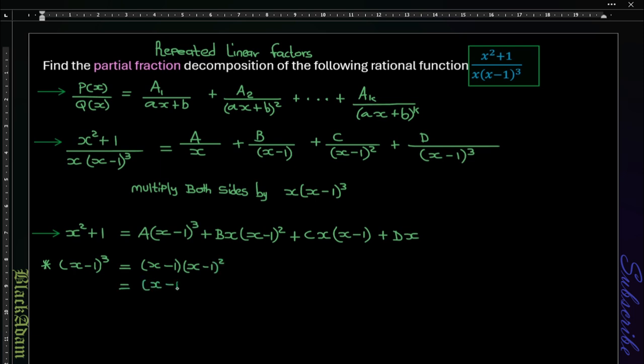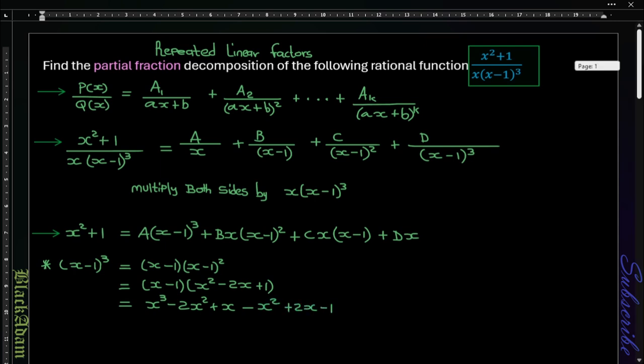We expand the x minus 1 squared, which gives us x squared minus 2x plus 1, and then we multiply throughout by x, which means we will have x to the power 3 minus 2x to the power 2 plus x, and then we have minus 1 there, it changes the sign on the other side, so negative x squared, positive 2x, negative 1.